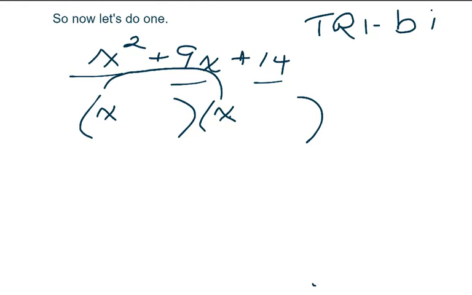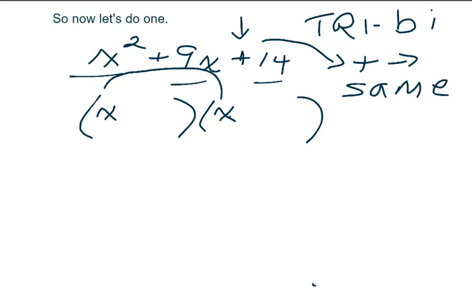And the easiest way to remember what the signs are is look at the second sign first. If it's positive, that means the signs have to be the same. And then I look at the sign before it. So in this case, this sign tells me the same. This sign tells me they both have to be positive.